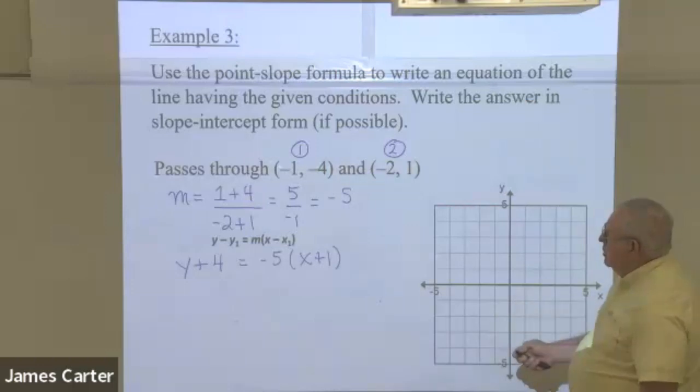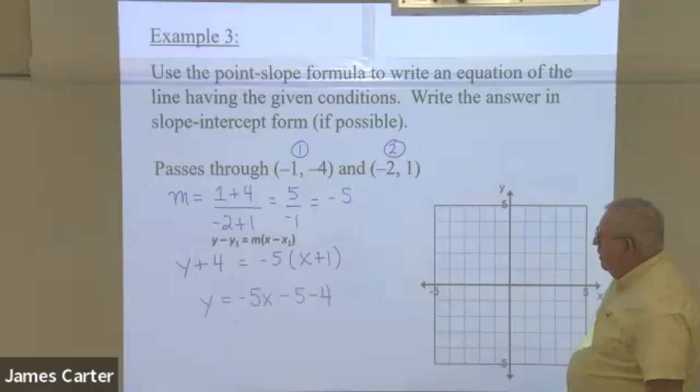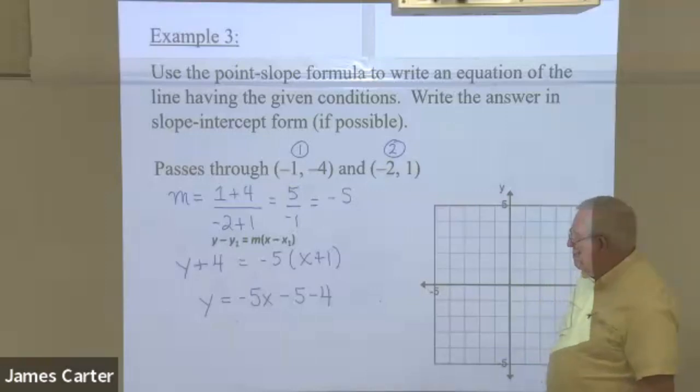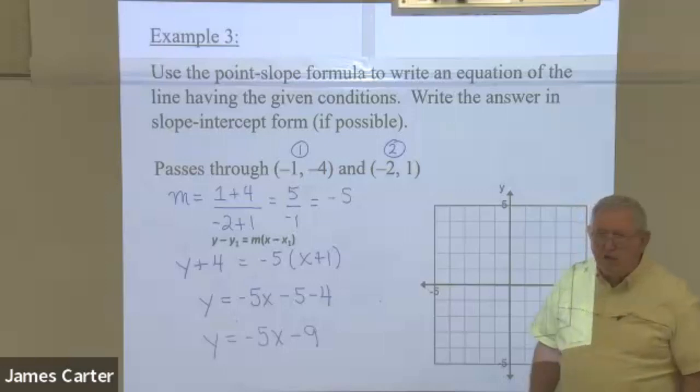Okay, so here's the y is 4, y minus -4, and over here x minus -1, and the slope of -5. We're going to distribute that 5 and take this 4 over to the other side by adding its opposite. Simplify that, and here's our equation of the line.